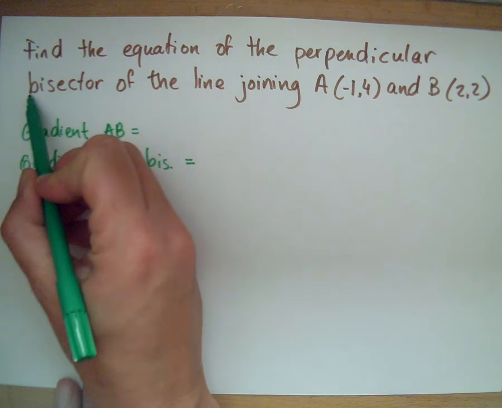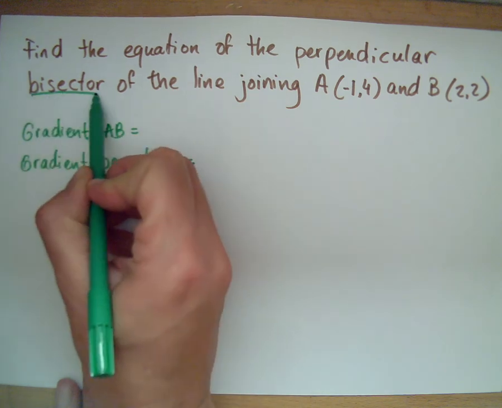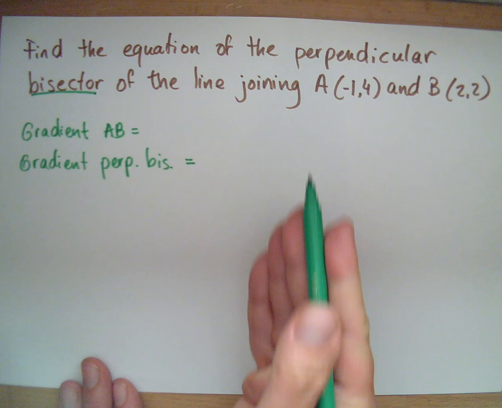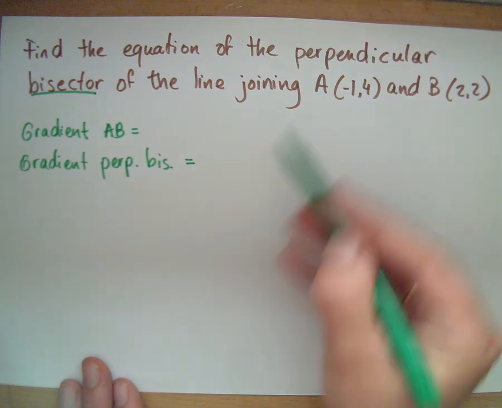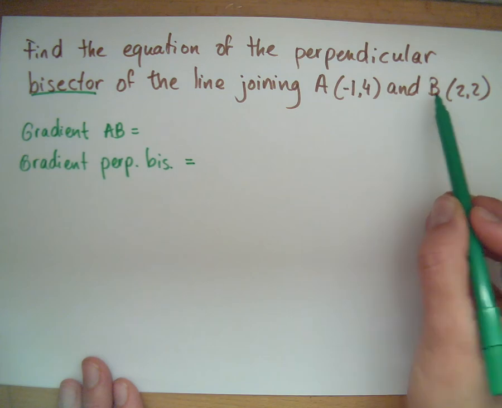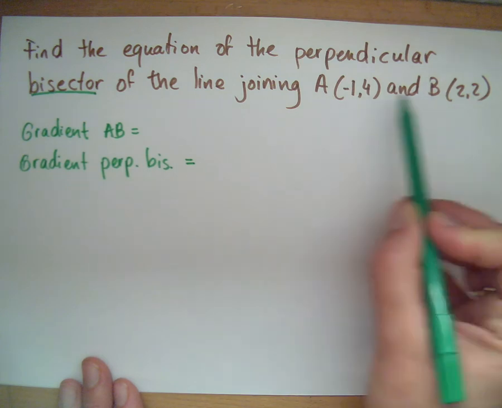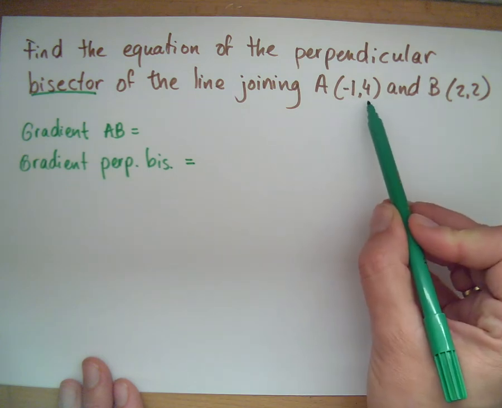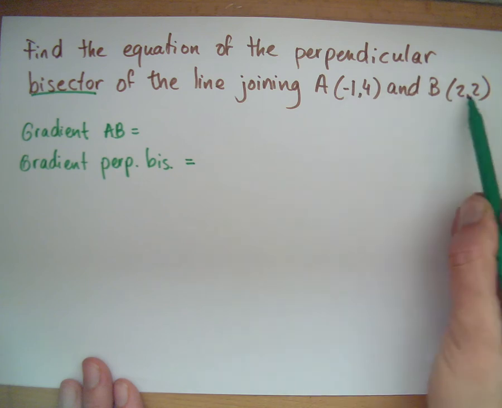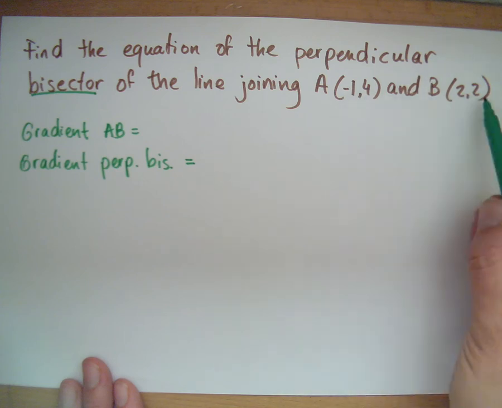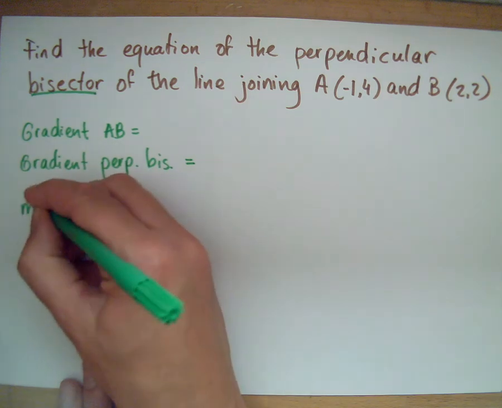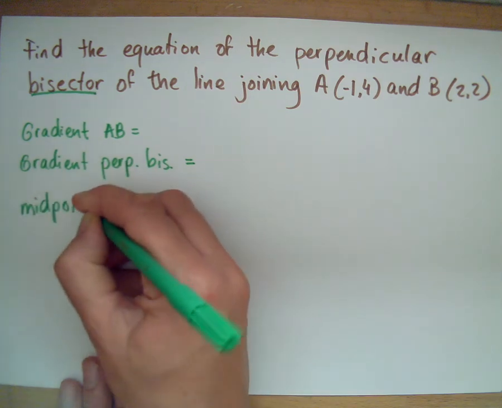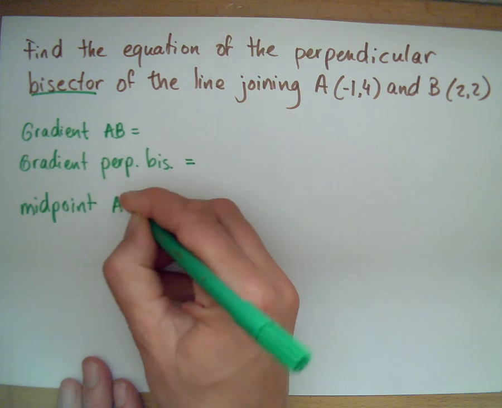Let's look at what a bisector is. A bisector cuts another line exactly in half. So the line AB is going to be cut exactly in half. The point where that happens is the midpoint between these 2 points, right? So we need to find the midpoint of AB.